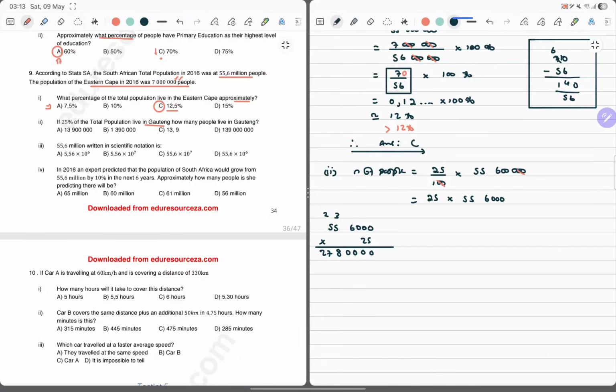Then we put a 0 there. 2 times 0 is 0, 2 times 0 is 0, 2 times 0, 0. 2 times 6, 12. We carry 1.